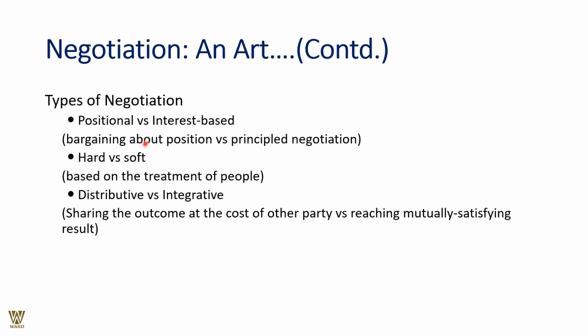Types of negotiation are positional versus interest-based, that is, bargaining about a position versus principled negotiation, as the case might be. Then we have something called a hard negotiator or a soft negotiator, based on the treatment of the people as time passes. This is what we are trying to look at.